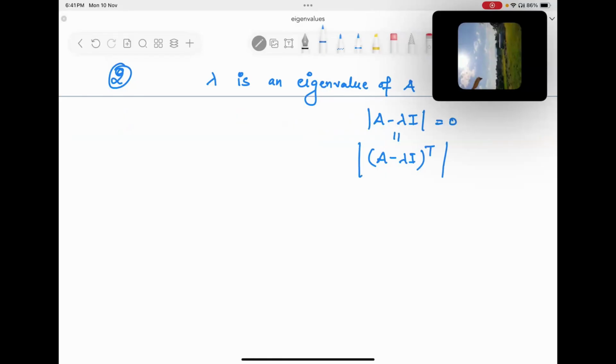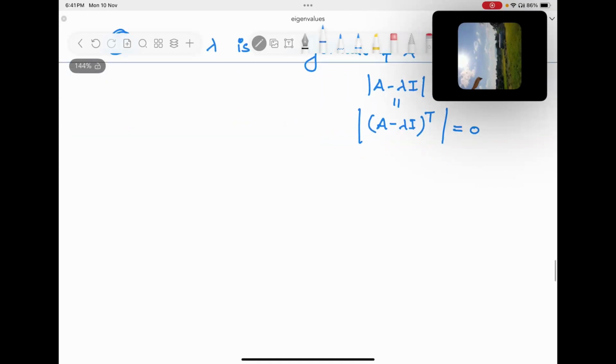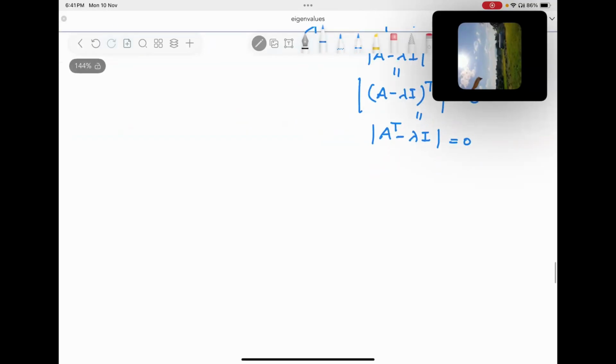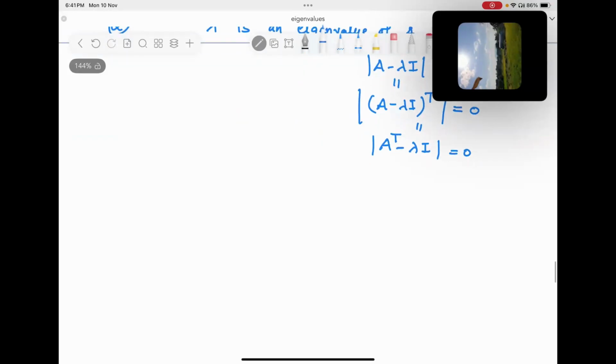Both have the same determinant, so this has to be 0. So this will be determinant of A transpose minus lambda I transpose, where I transpose is I, equal to 0. So lambda has to be an eigenvalue of A transpose.